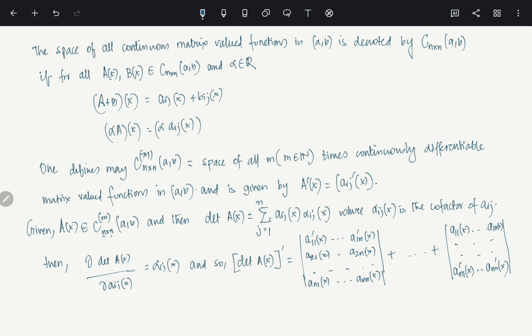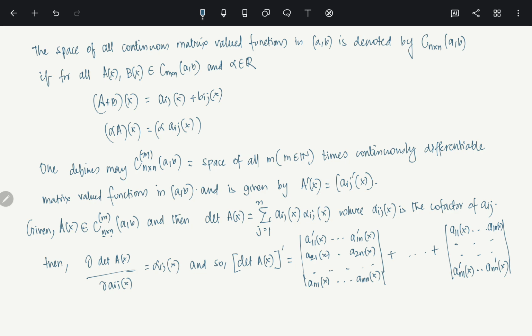The first row is derived, leaving intact all the rows below, and then the second row will be derived, every other thing will remain intact, and we go on till the nth row. This is what you do.